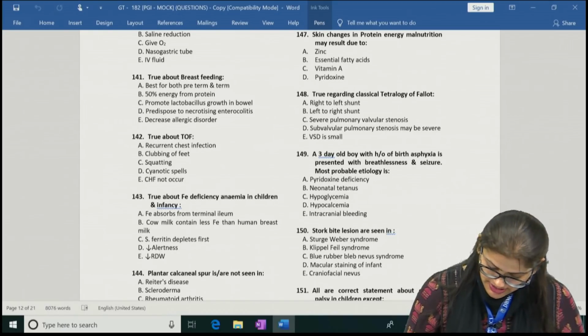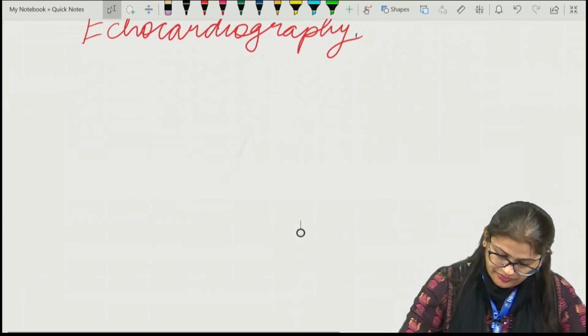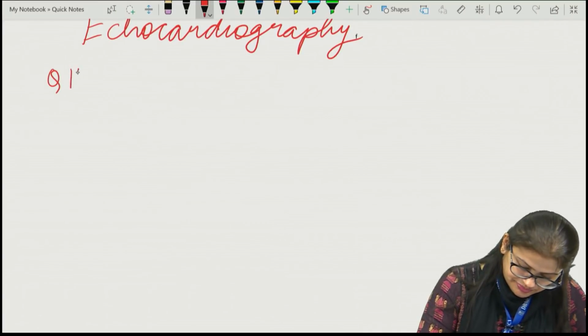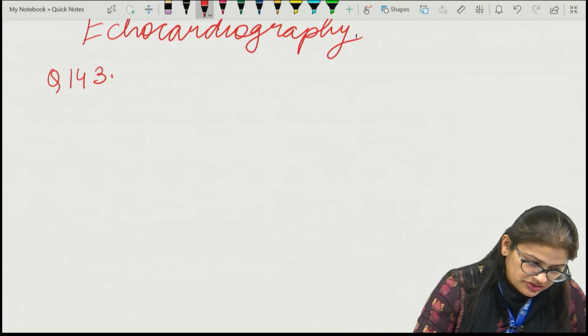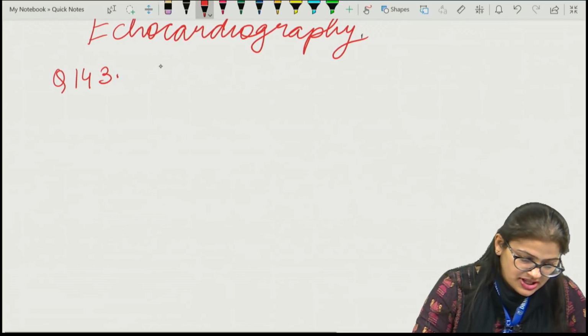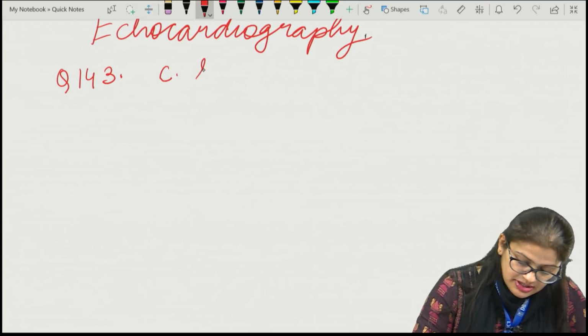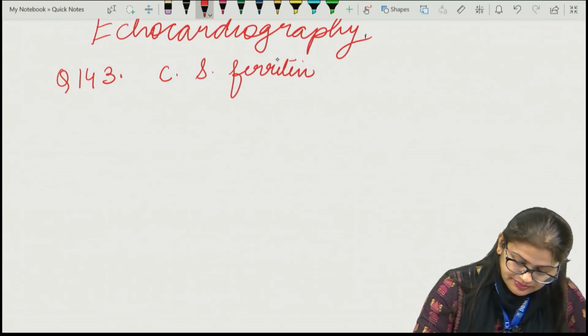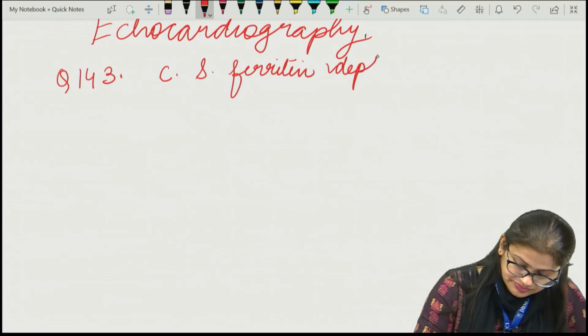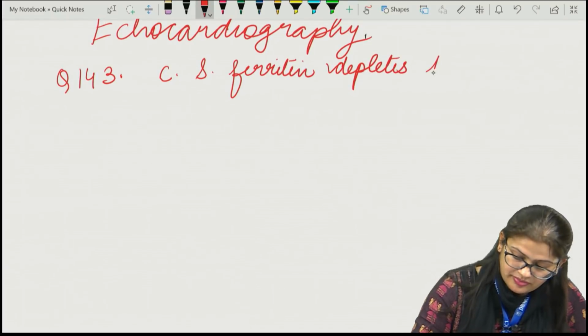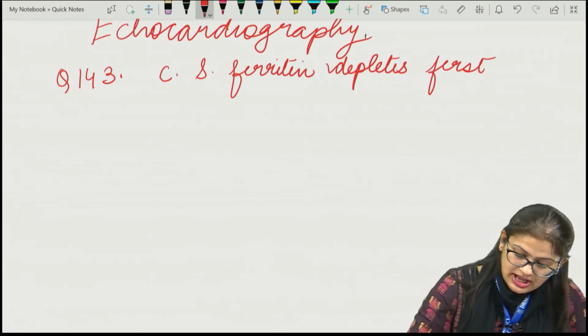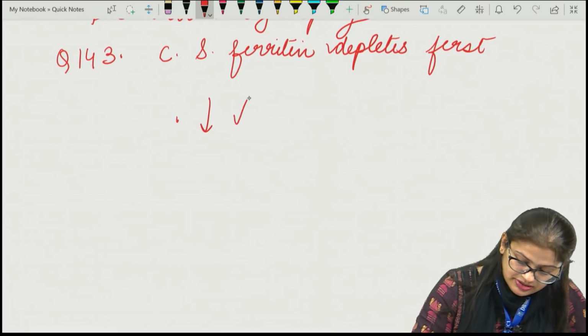So the correct answer to this question is, the correct options are serum ferritin depletes first, and decreased alertness.